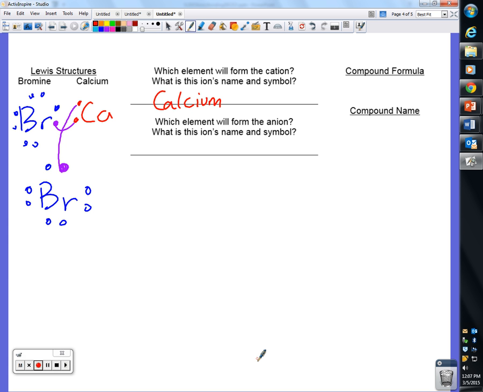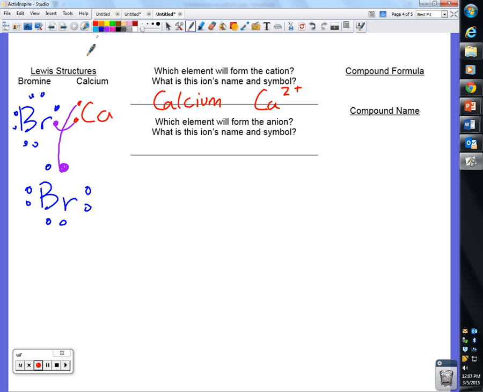Look on your periodic table. How many protons does calcium have? 20. But now, how many electrons does it have? Only 18. So is it going to have a positive charge or a negative charge? Positive, but positive how many? 2 plus.